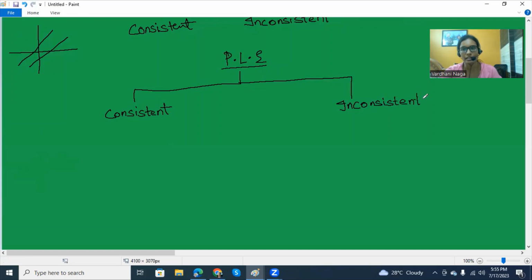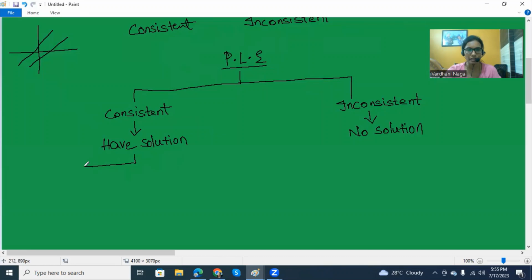Just now I said consistent means having a solution. If the lines have at least one solution, they are called consistent. Inconsistent means having no solution. They don't have any solution.